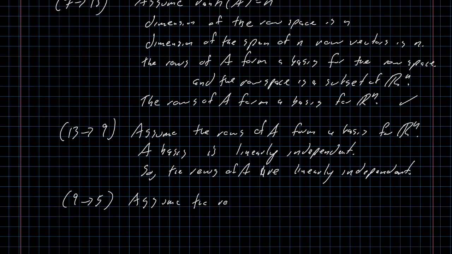So we assume that the rows of A are linearly independent. And remember, number 5 is that the reduced row echelon form of A is I.